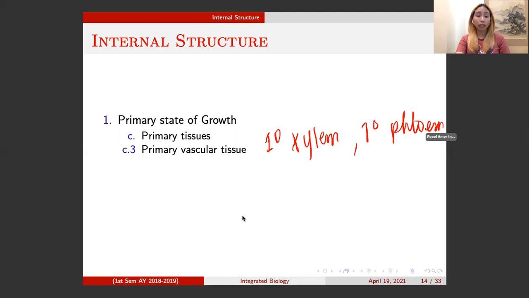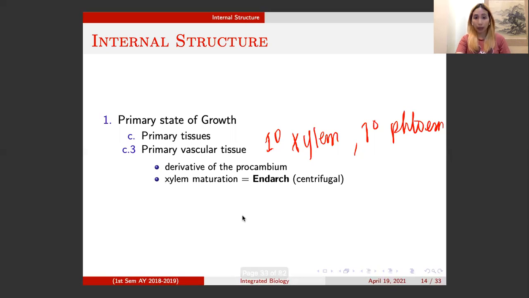Why primary? Dahil meron tayong secondary xylem and secondary phloem. Okay, so as was mentioned earlier, this is the derivative of the procambium. Now, it is imperative that we know yung behavior, right, or yung attribute ng xylem maturation. By xylem maturation, it means saan naunang napoproduce na area yung xylem, right, and paano yung growth niya, no?